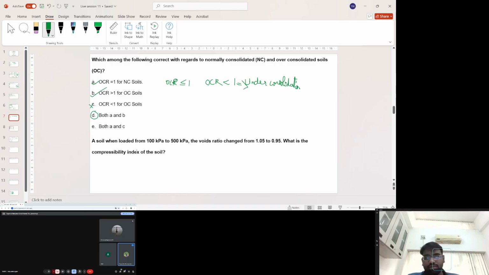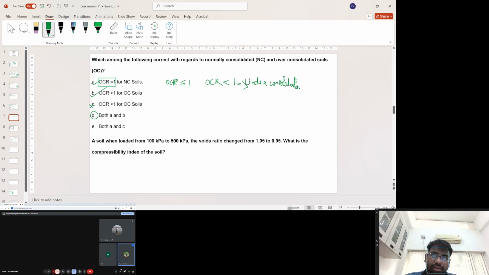Otherwise, settlements are much higher than the other two, sir. Compared with the other two, under consolidated soil will have very high settlement. Then why do they neglect this one? You see, in the analysis part, the problems which we solve or the behavior aspects which we consider, this situation occurs very rarely.